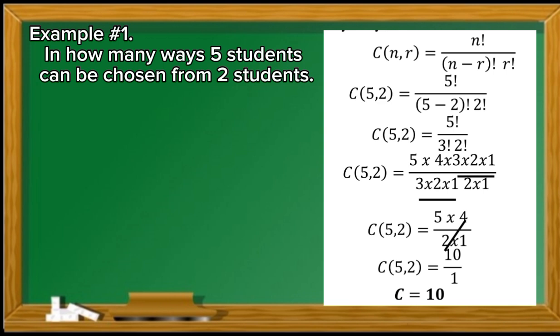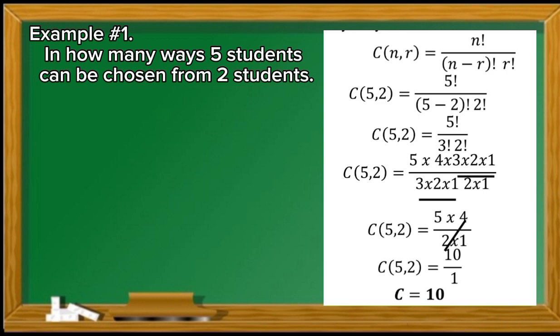5 factorial is equal to 5 times 4 times 3 times 2 times 1 over 3 times 2 times 1 and 2 times 1. We are going to cancel out the numerator and denominator, which is the 3 times 2 times 1 over 3 times 2 times 1. So what remains is 5 times 4 over 2 times 1. But it's not yet finished because 4 is divisible by 2.